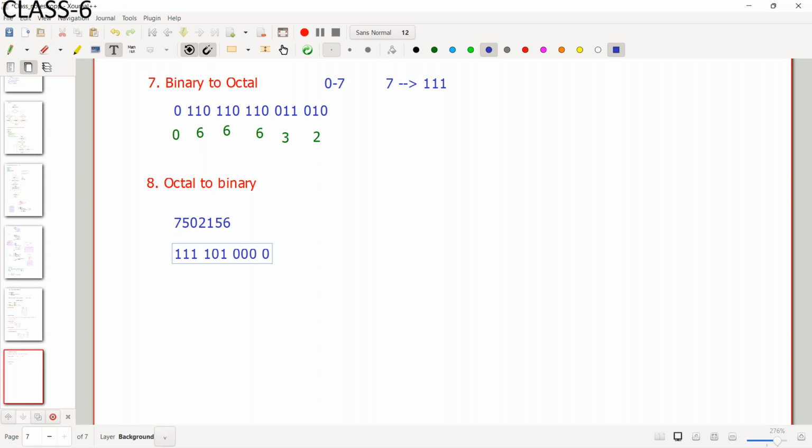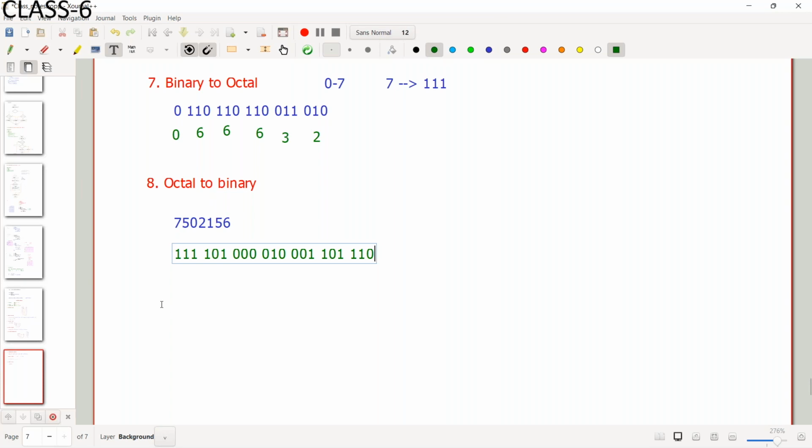Then 2 is nothing but 010, 1 is nothing but 001, 5 is nothing but 101, 6 is nothing but 110. So what we have with us is nothing but the binary representation of this octal number. It's simple, isn't it?